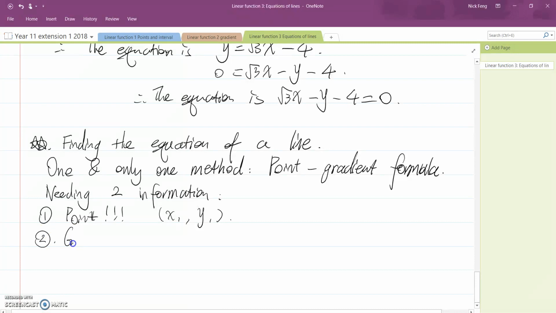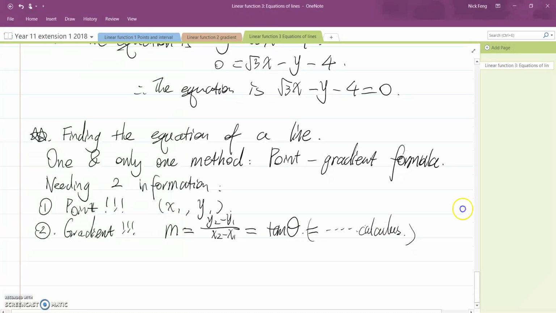Secondly, you need a gradient of the line you're looking for. This gradient can be achieved by this, or by this, or by something we do later in calculus. But that's not in here yet, so I'll just put this in the bracket.